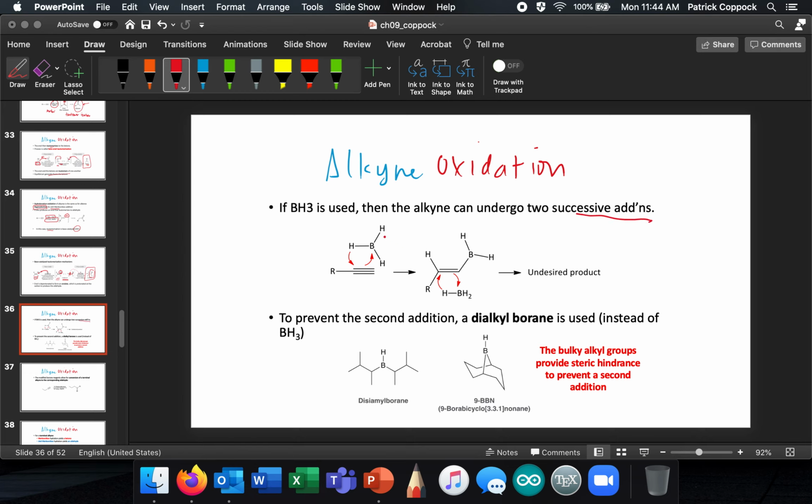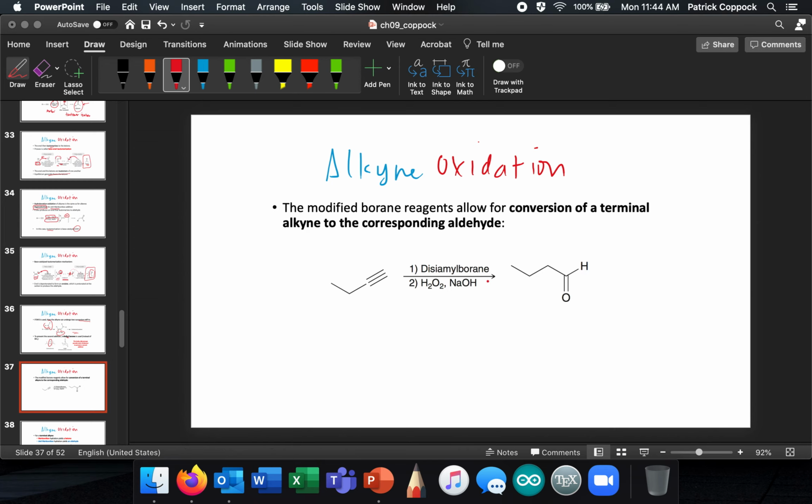You'll not just get the borane that goes in there, you'll get another one that goes into the other double bond, and so you're going to get something that you don't want. To prevent that, we can take some kind of dialkyl borane, which only has one hydrogen on it. Since it only has one hydrogen, it's greatly restricted, and it's also bulky. And we can get a high yield of an aldehyde from a terminal alkyne.